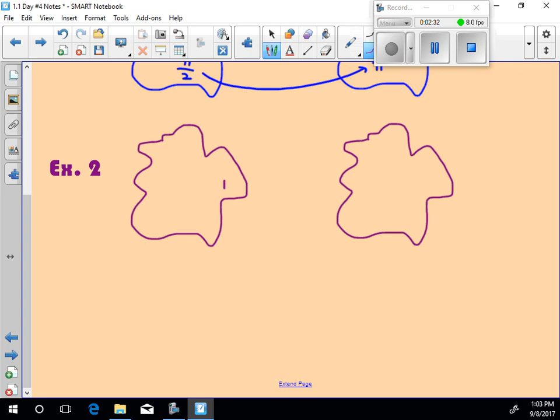So 1 went to 5, 3 went to 17, and negative 11 halves went to pi. How would I make this relation no longer be a function?